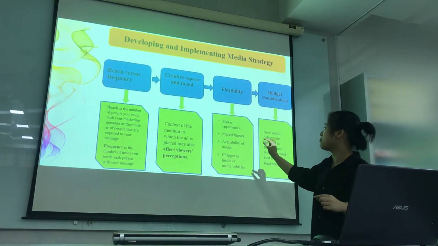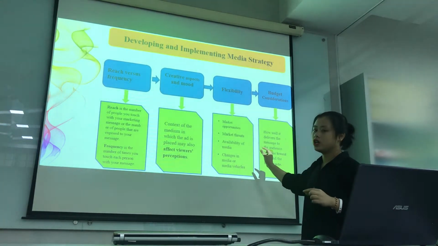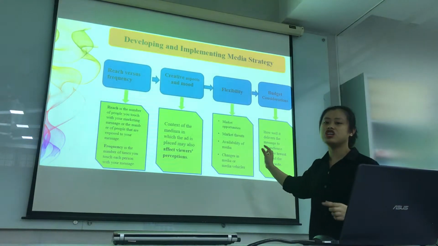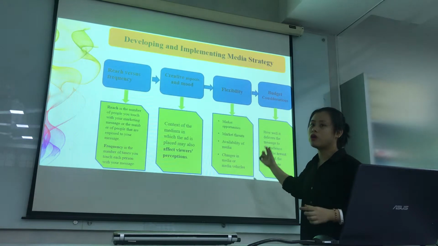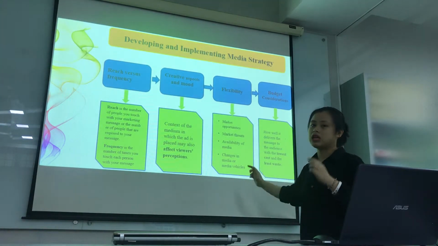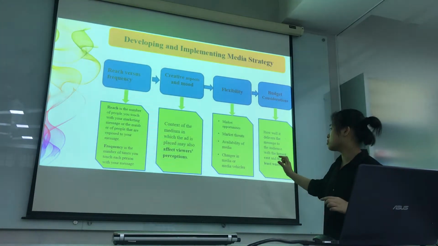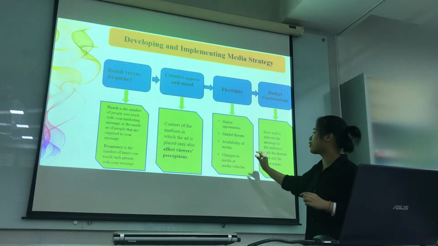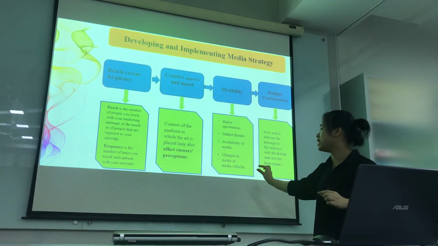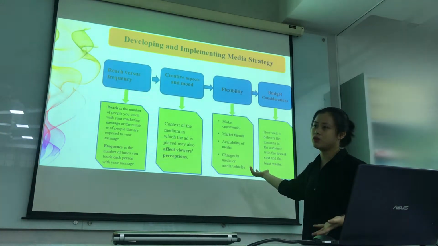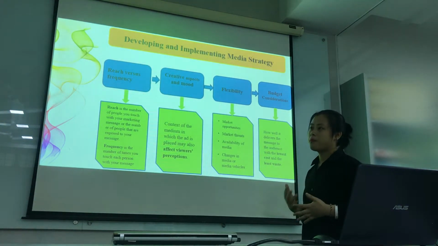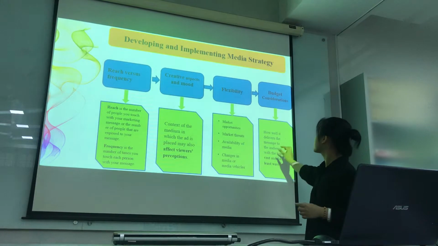For example, with a market opportunity, your company can launch a new media vehicle to get more customer segmentation or to push sales. It is also very important to change media or media vehicles because technology changes, so we need to manage change every time.